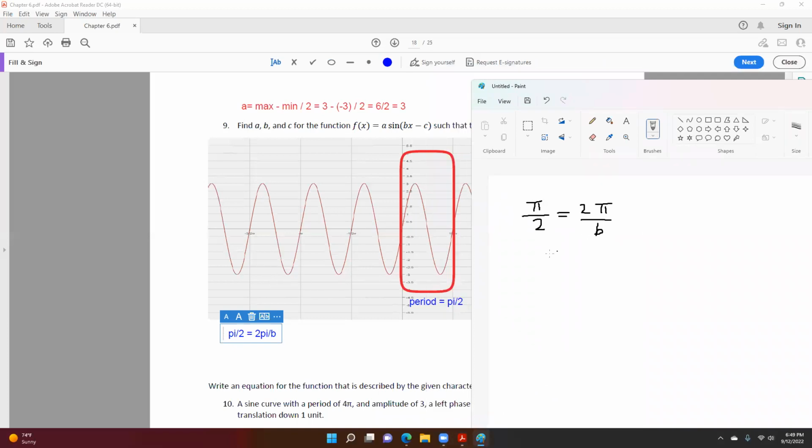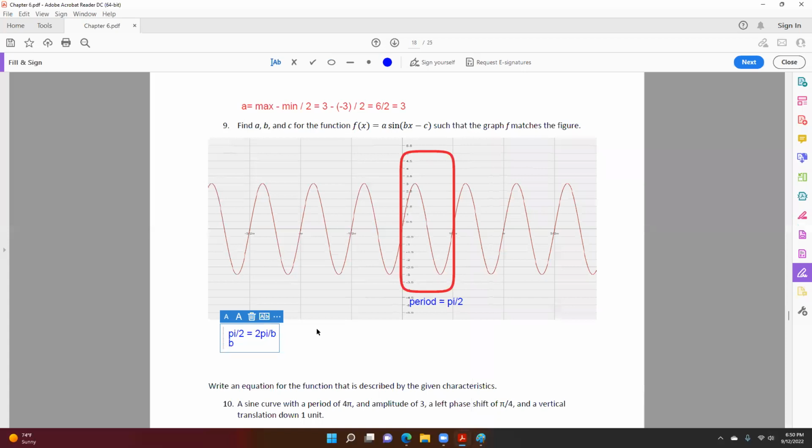Pi times B is B pi or pi B, doesn't matter. 2 times 2 pi is 4 pi. Then we divide everything by pi, because we are solving for B here. So we find that B in this case will be 4.